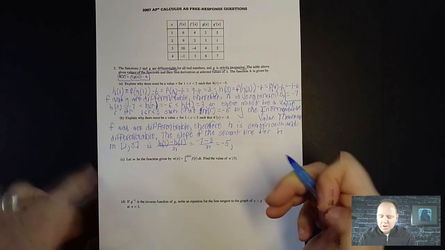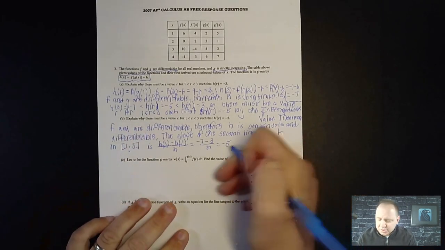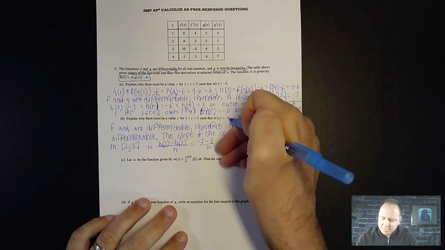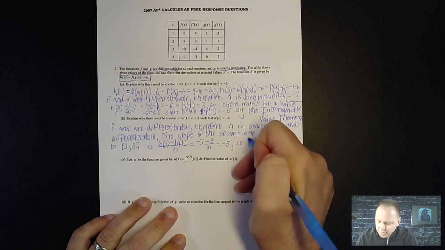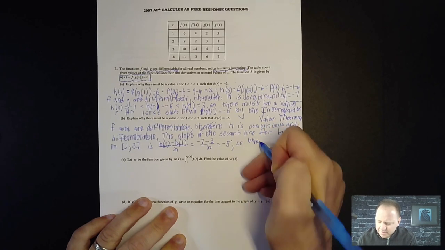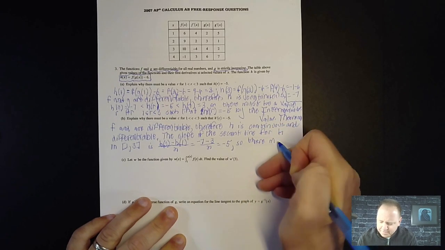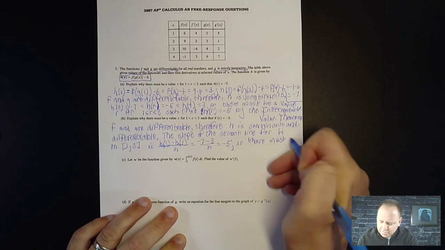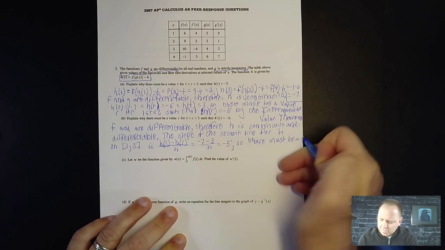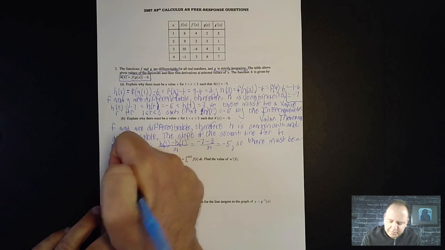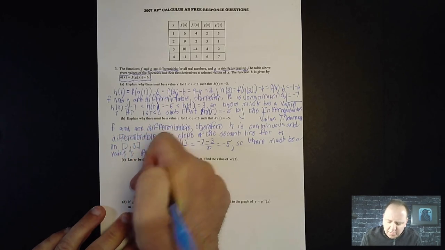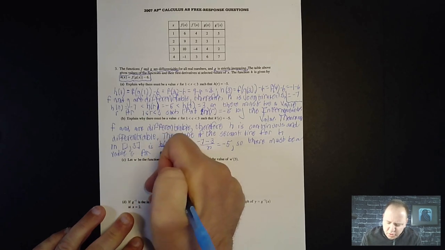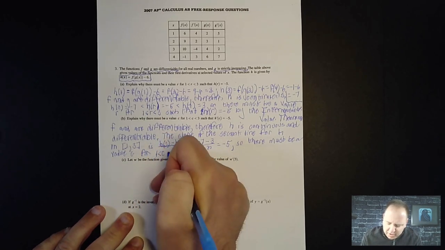Comma. Now start using their words. So we just showed the slope of the secant line's the same as the slope of the tangent line on the interior, right, of the intervals. Use their words. So there must be a value C for C between 1 and 3.